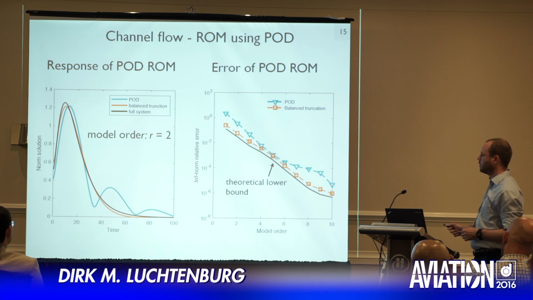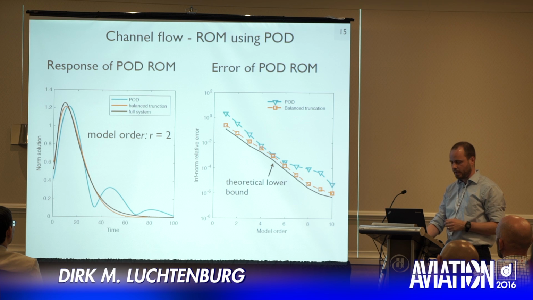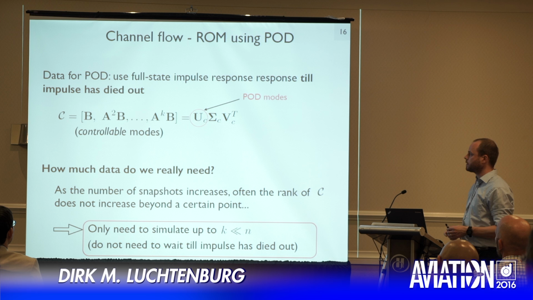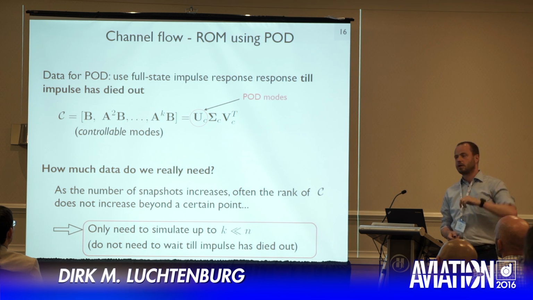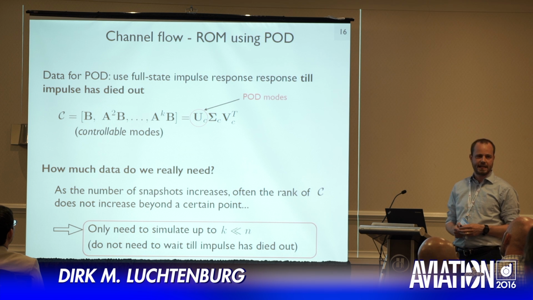Now if you keep increasing the model order, finally we arrive at a model order of 10, meaning 10 states, then of course we get a smaller error and we get closer to our full system. Okay, so we used all the data for this particular example, meaning we waited till this transient died out completely. The question is, can we get away with less data?